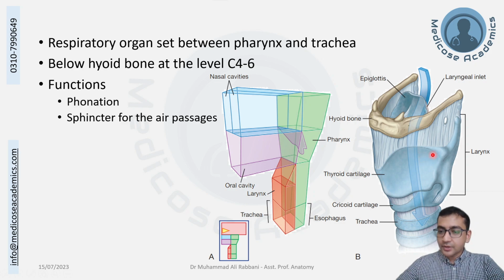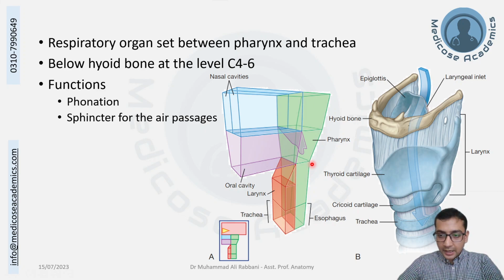The second very important function is to function as the gateway of the airway. From the top you can see the nasal cavity, and the pharynx was a space shared between the digestive system and the respiratory system, and then the larynx is the gateway for the lower respiratory tract, and it is the sphincter for air passages.